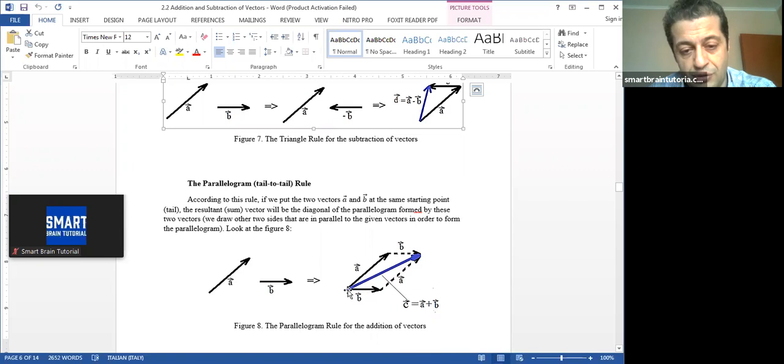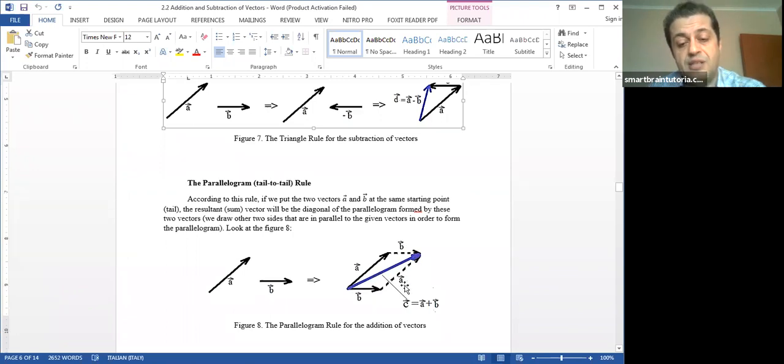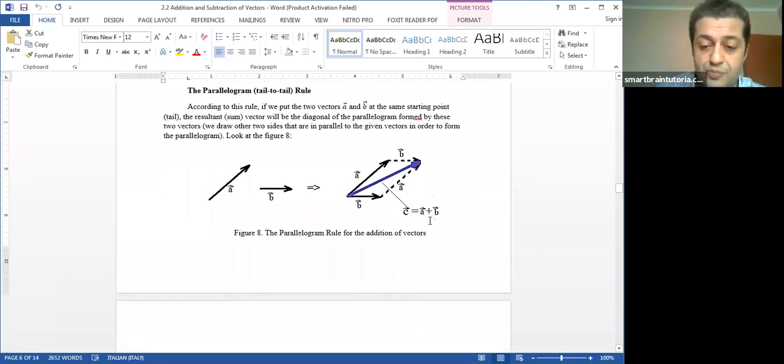They have the same origin together. We form a parallelogram, so we take parallel lines here to close the parallelogram, and the vector that starts from the beginning of the two vectors and ends at the opposite side of the parallelogram is the sum, a plus b.